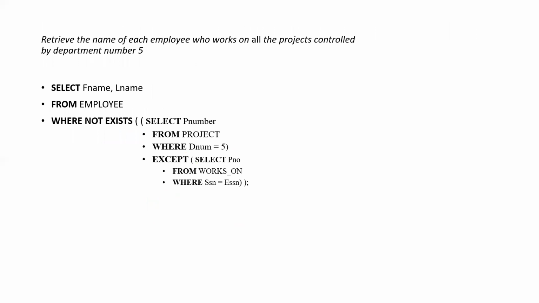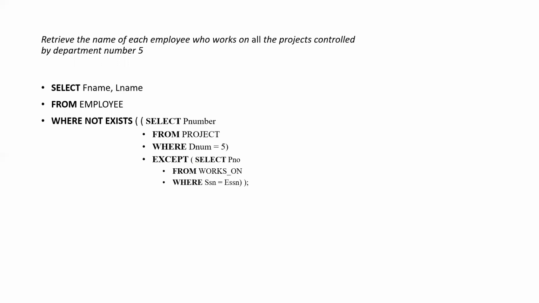Next, retrieve the name of all employees who work on all the projects controlled by department number 5. Here, we are selecting the employees' names. There are actually two subqueries, two inner queries.